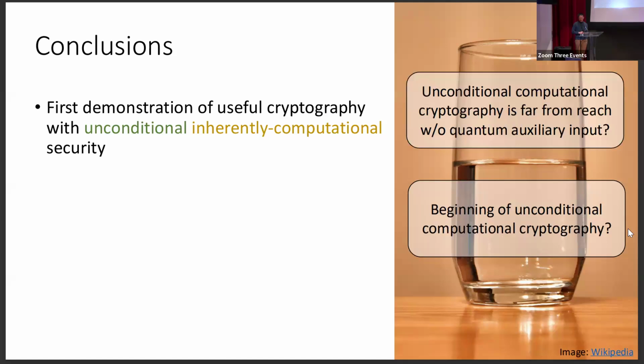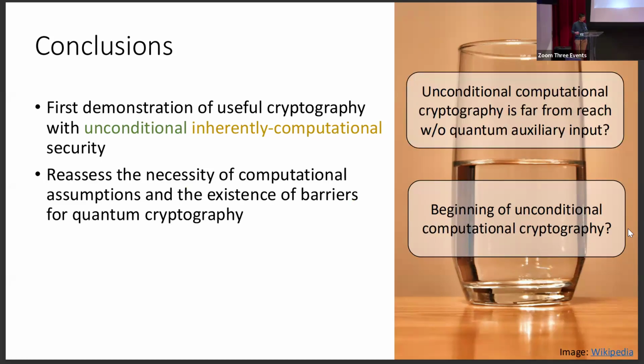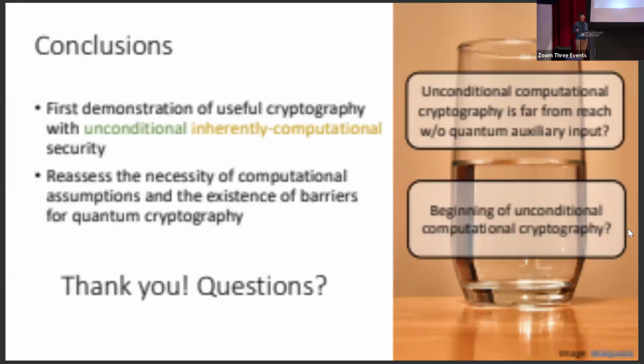If you're pessimistic, maybe you say that in our construction the quantum auxiliary input is pretty inherent, so maybe you can only do this in the quantum auxiliary input model, but not the model without it. But no matter what, I think this shows there is something interesting going on in the landscape of quantum cryptography, and we should reassess whether computational assumptions are necessary for quantum cryptography, and further investigate the existence of barriers. Okay, thanks.